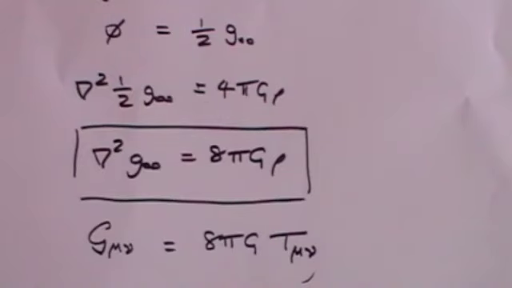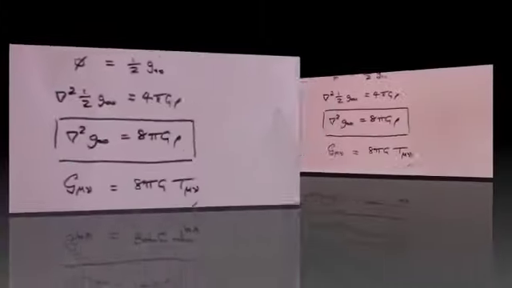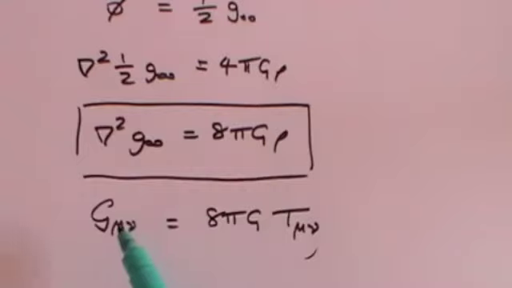So we want something of the form G mu nu, which is actually called Einstein's tensor, equal to 8 pi g, but instead of having the mass density term rho, we want a tensor for energy, something that contains all the mass, energy, stress, pressure terms that you can have. So we've essentially got to find something for this and something for that.